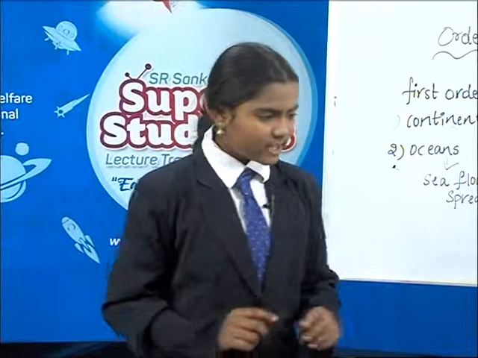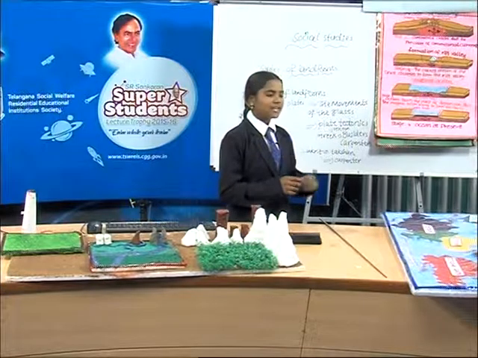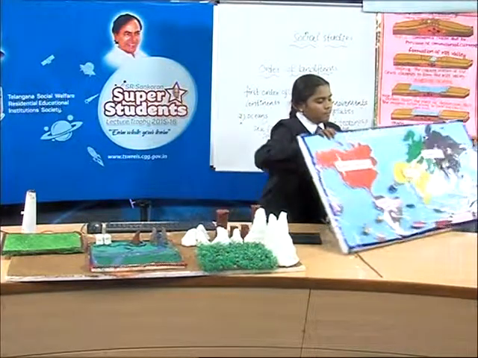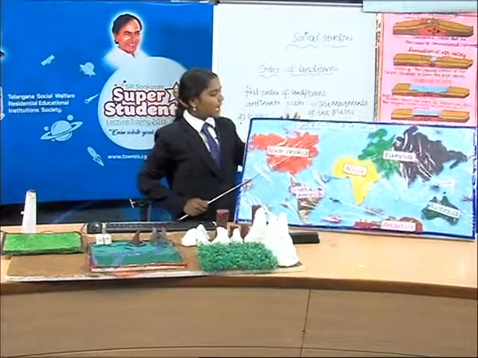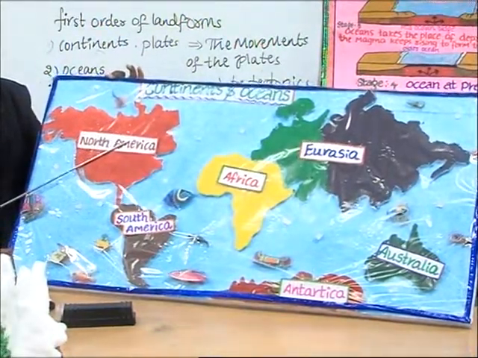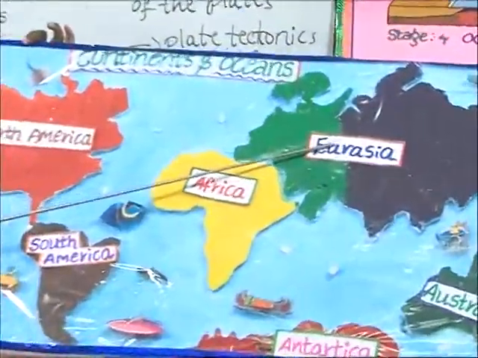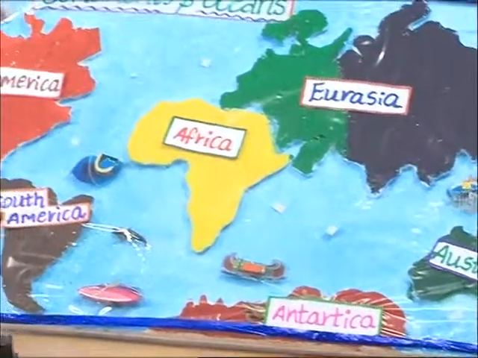Okay friends, see here, after the formation of the continents and the oceans, there are the 7 continents and the 5 oceans. The continents are North America, Africa, Eurasia, Australia, Antarctica and South America.